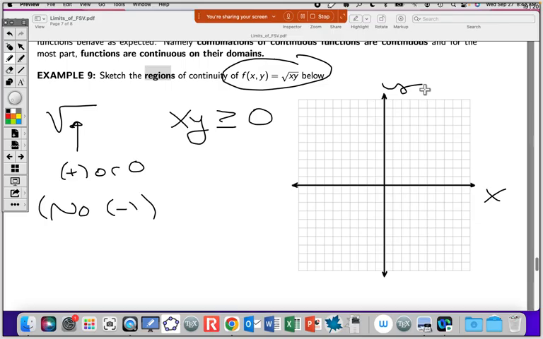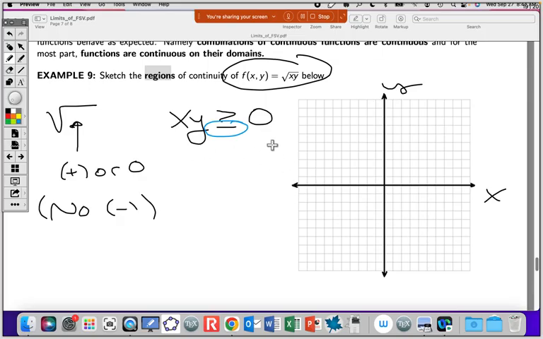So if x times y is going to be a positive number, x and y have to be what? Or what are the options? Both positive or both negative. Yep.